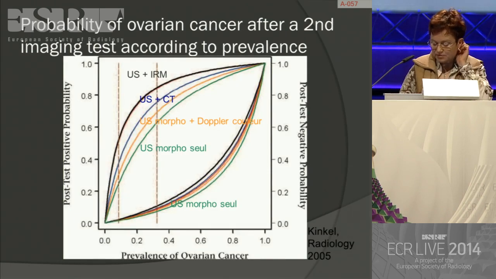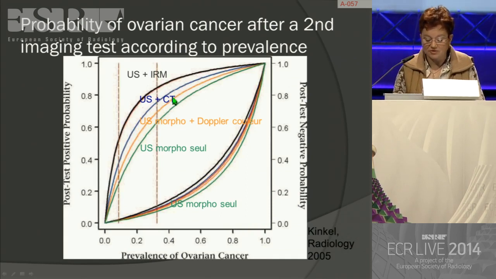Here are some ROC curves where you can see if you do ultrasound with color Doppler, of course, you get the lowest prevalence for ovarian cancer, so you can stop. However, if it's positive, then you get the highest post-test probability with ultrasound and MRI, and not with ultrasound and CT or ultrasound color Doppler.